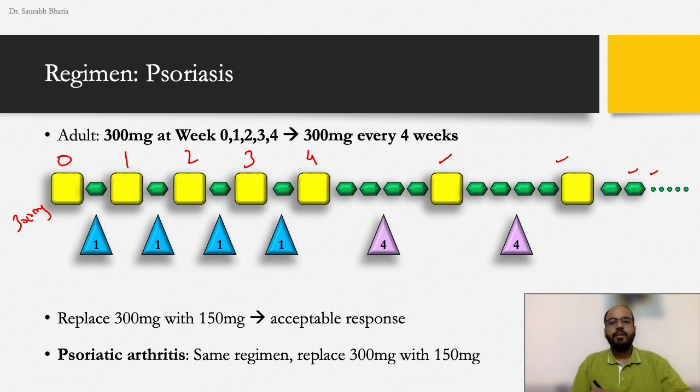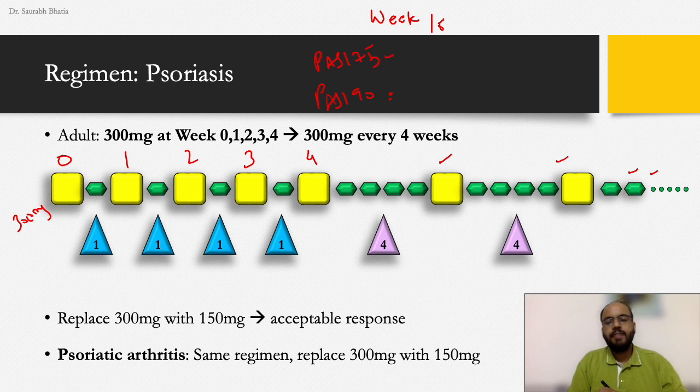When you follow Secukinumab, it has been found that at week 16, this is the point where you will assess. By week 16, what do we mean by that? Induction phase is complete, then at 8, 12 and 16. So at week 16, we'll see PASI 75 and PASI 90.